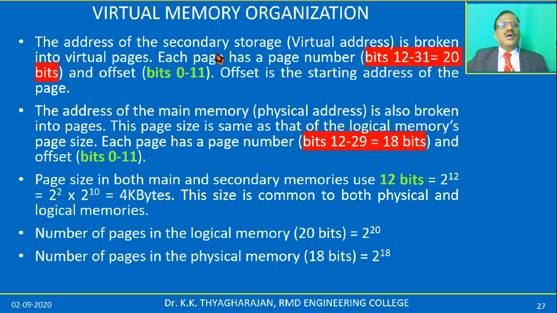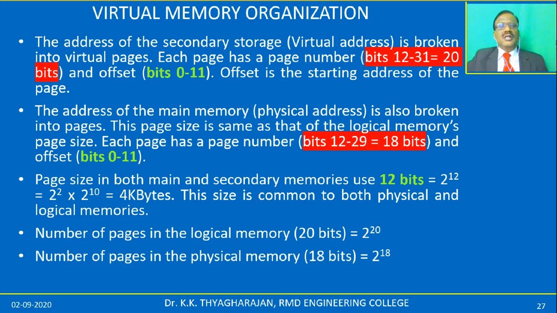The address of the secondary storage, that is the virtual address, is broken into virtual pages. Each page has a page number. For example, we are using 32-bit processors, so 32 bits will be used for specifying the address.